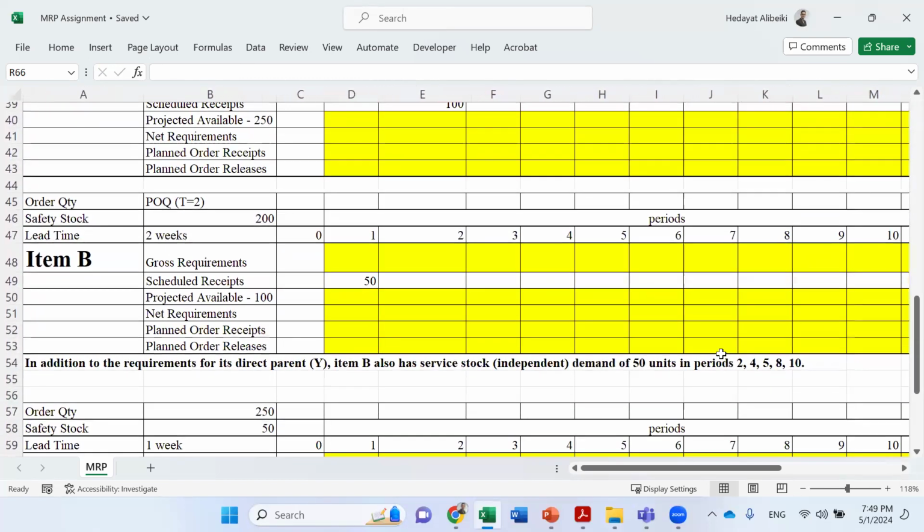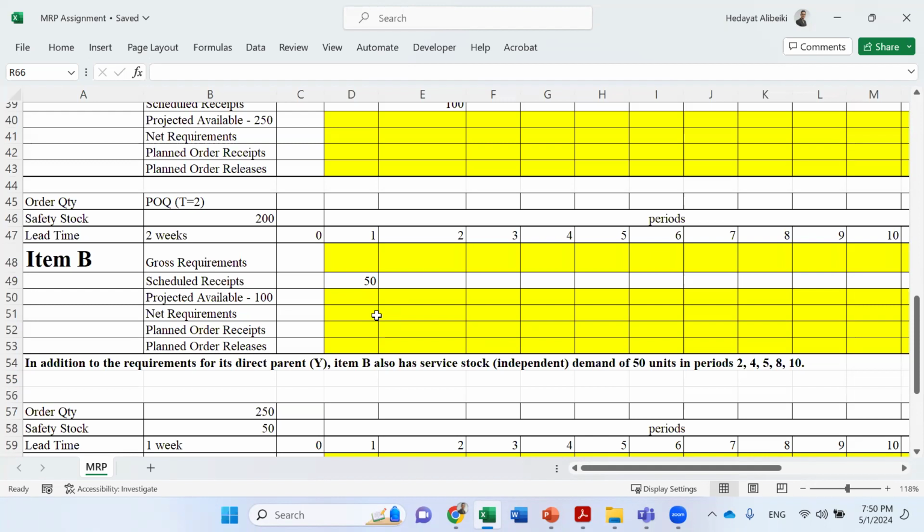So you should be able to do it for product A and product B. The only thing here is for product B, and this actually happens sometimes. We may have some accessories, some sub-assemblies, some items that go into a product, and those are also sold in the market. So we have a work in progress item that is also sold as an accessory, like a resale item in the market.